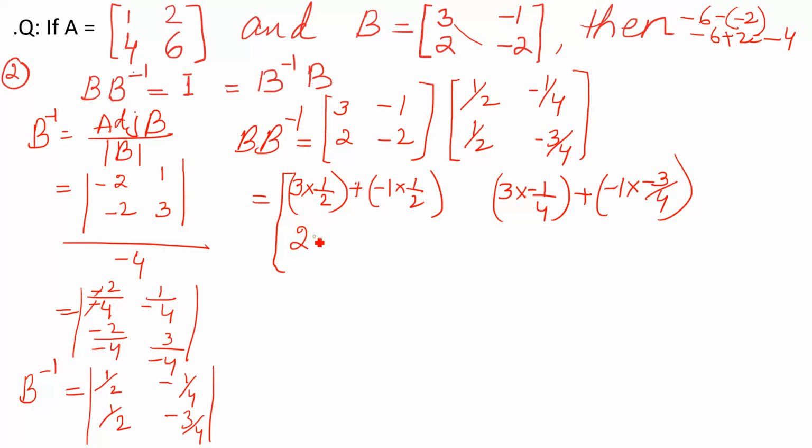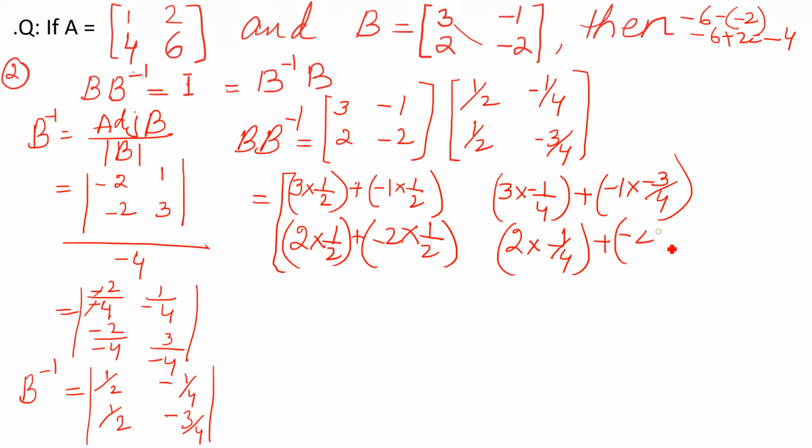And then 2 multiplied by 1 over 2 plus negative 2 multiplied by 1 over 2. Here 2 multiplied by 1 over 4 plus negative 2 multiplied by negative 3 over 4.